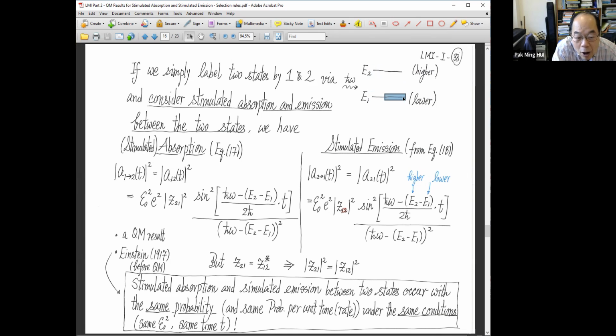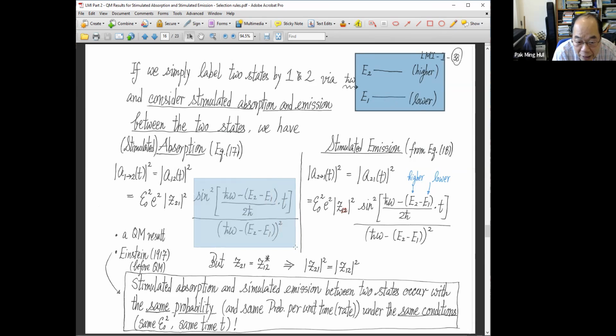Therefore, I can copy the formula out and translate it to this definition. I'm not fixing the initial one to be called 1. I just call them 1 and 2 by being higher in energy and lower in energy. So in this case, the absorption one, I don't need to change anything.